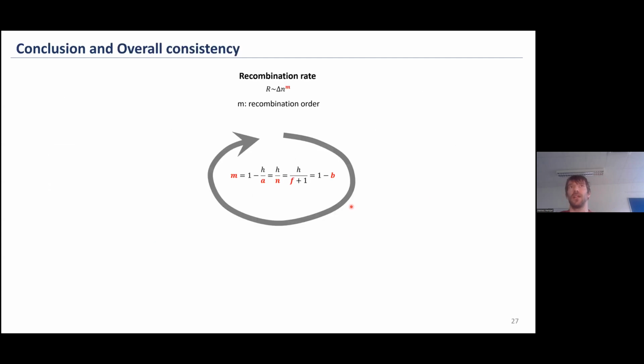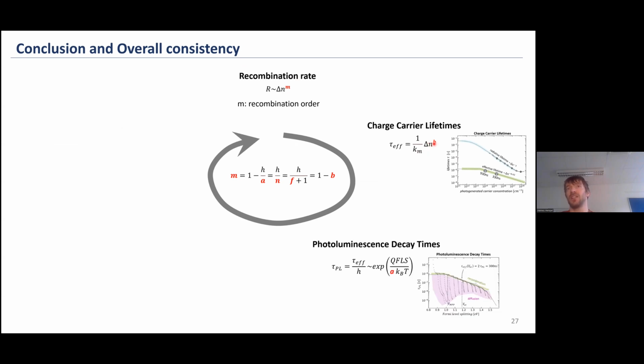Okay, and now to wrap this all up, this is all consistent. So you have a certain recombination order in your sample. So classically 1, 2, 3. We've seen this is 1.4 in this case. So 1 would be non-radiative usually, 2 radiative, 3 Auger. Then you have the charge carrier lifetimes here, which change with a certain exponent injection dependence. You have the photoluminescence decay, which has this factor here in this exponent.